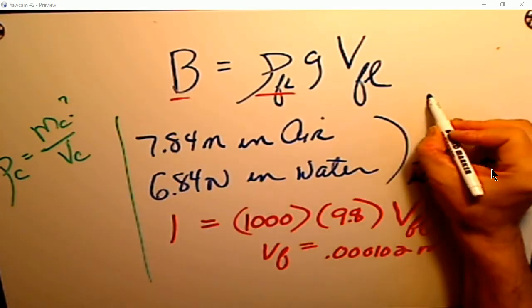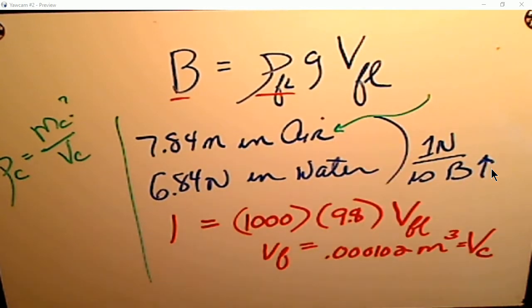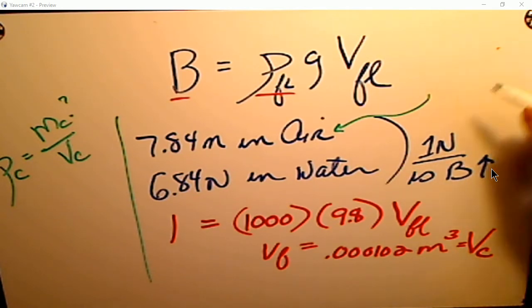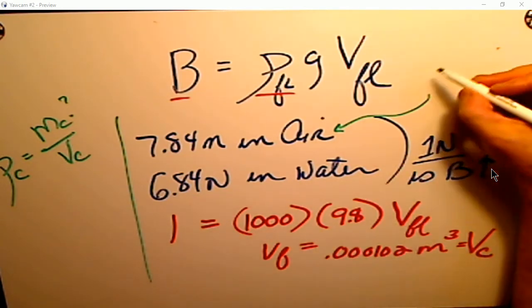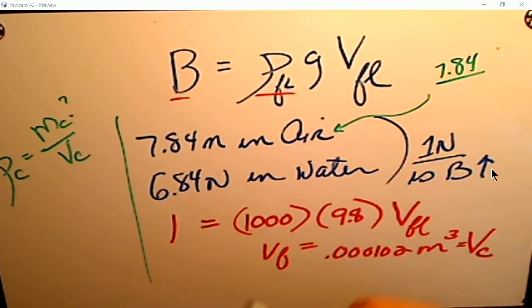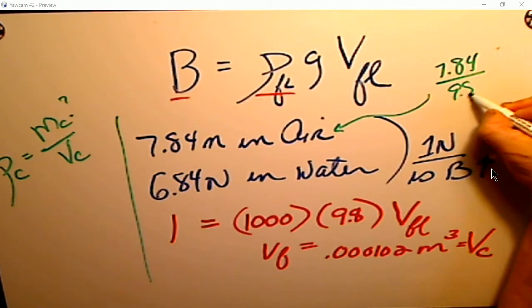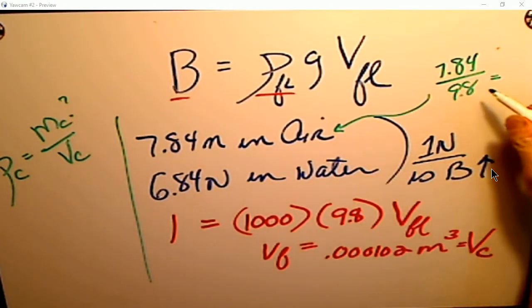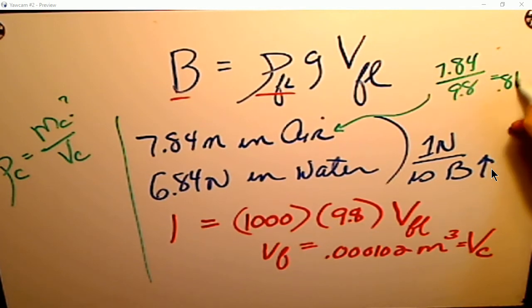Well, if we know that it weighs 7.84 newtons in air, we know that we could figure out the mass, right, by taking 7.84 and dividing it by 9.8 to get the mass. 0.8 kilograms.